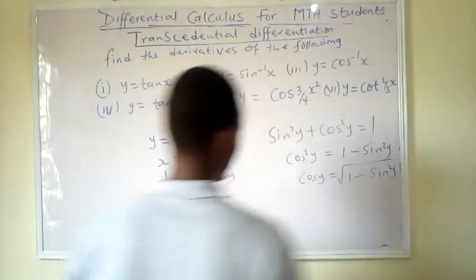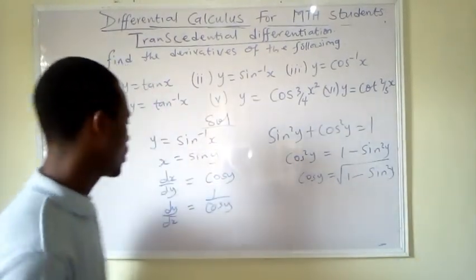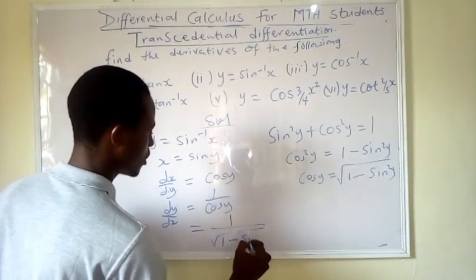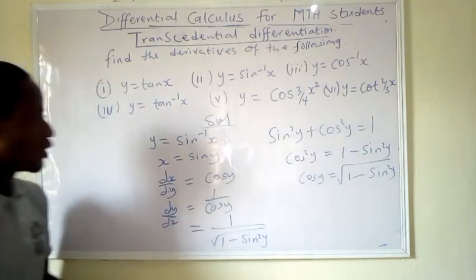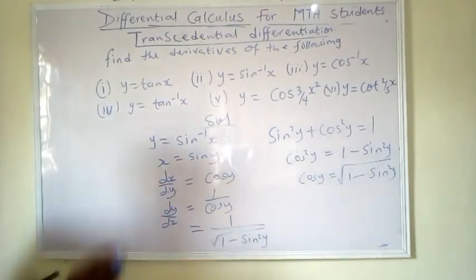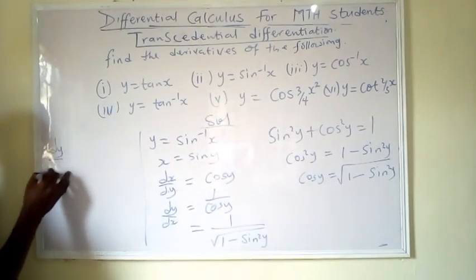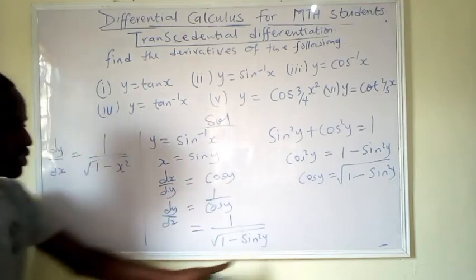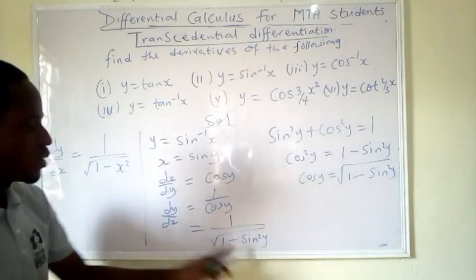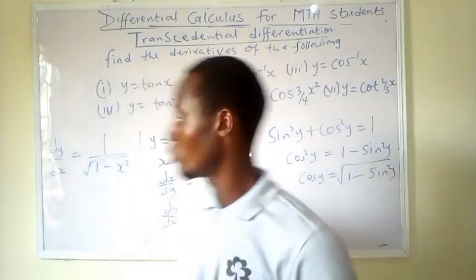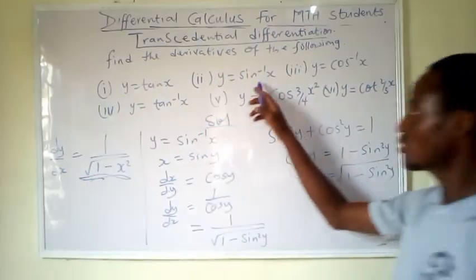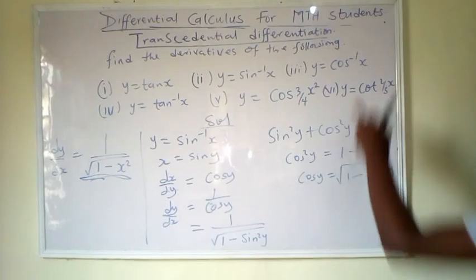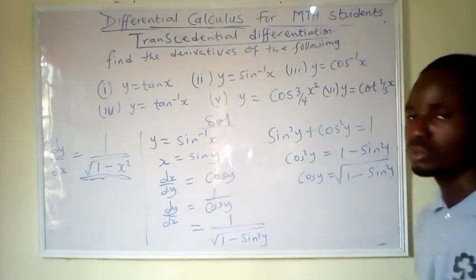So I'm going to have 1 all over the square root of 1 minus sine squared y. Don't forget, sine y is equal to x, so dy dx will be equal to 1 all over the square root of 1 minus x squared, since sine squared y will be x squared. So that is the derivative of sine arc of x. Then we also have cos arc of x, which will follow the same process.